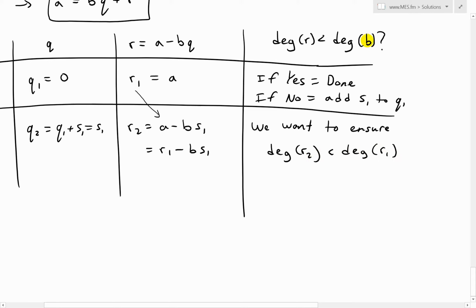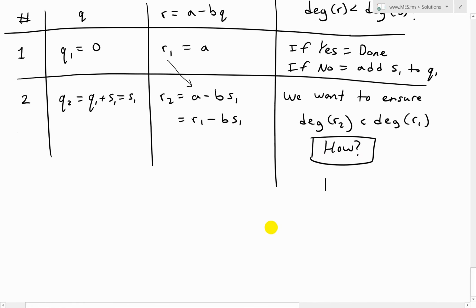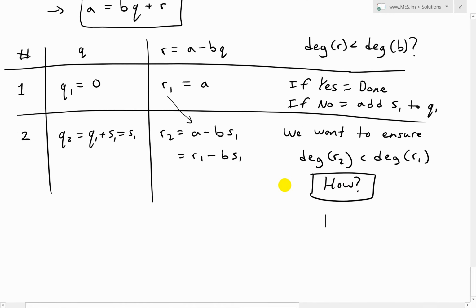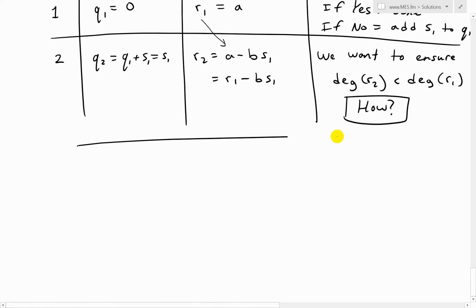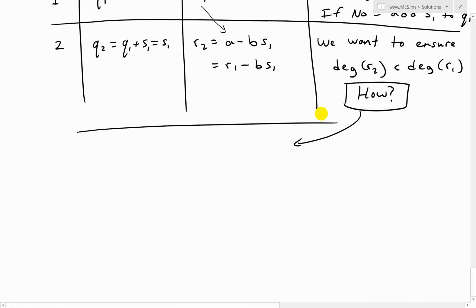So eventually we'll get to less than the degree of B. And then the question is, how do we do this? That is by choosing the value of S1 very specifically to get it. Let's put this a bit better, and I'll just move this down. How do we do that?